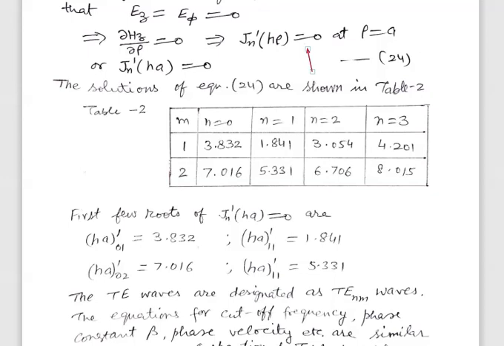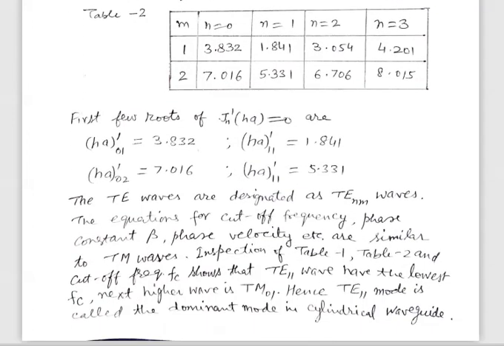The first and second roots for these orders are shown in the first row for m equal to 1 and in the second row for m equal to 2 for various orders, and the first few roots are given by HA prime 01, HA prime 11, HA prime 02, and HA prime 12.